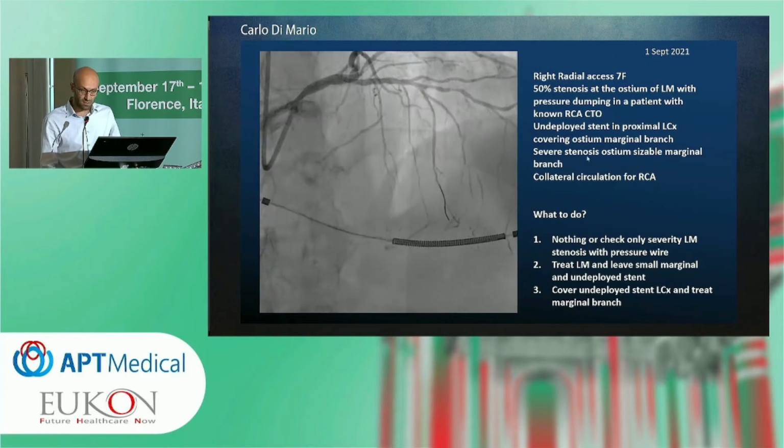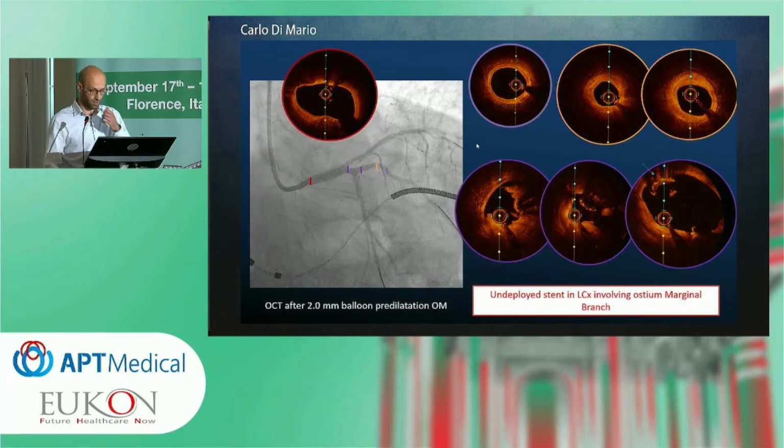We decided to study the situation with OCT after ballooning the circ toward both the marginal branch and the circ. And as you can see, there was a smooth lesion with this undeployed stent which was lying in front of the carina from the left main toward the circ and the marginal branch.